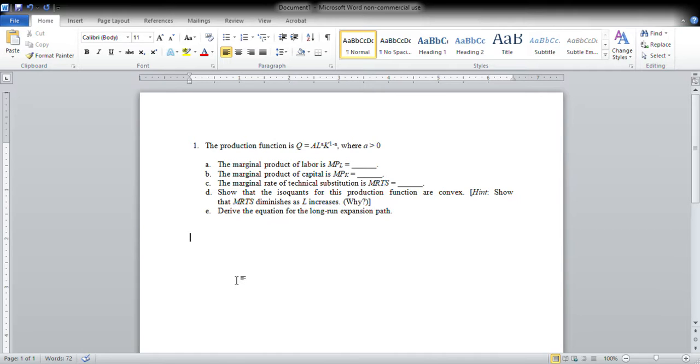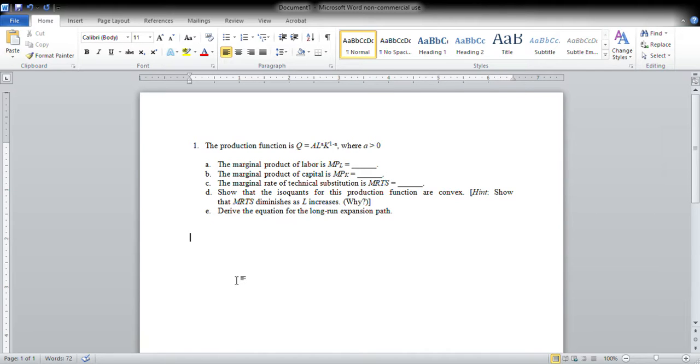In a nutshell, our production function is maximum output, which is Q, and Q is equal to the average labor raised to some indeterminate power, which is A. We know that A is greater than 0. That's the only thing we know.